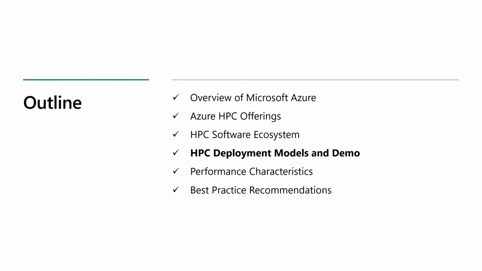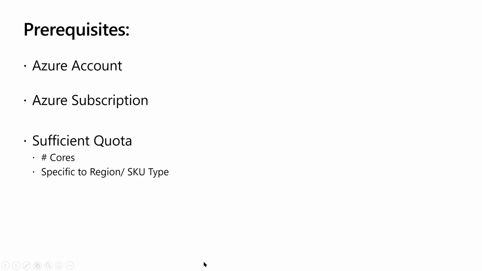All right. So we're now going to talk about how we deploy into Microsoft Azure and set this up, and then some of the performance characteristics that we got. First of all, to get onboarded onto Azure, you need to set up an account, then get an Azure subscription, and then request the quota for the environment.